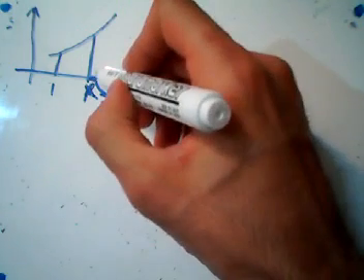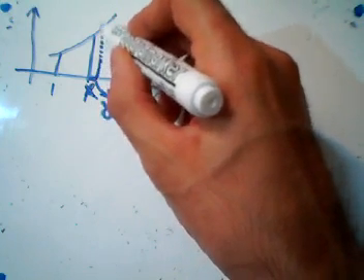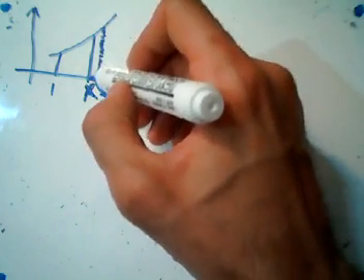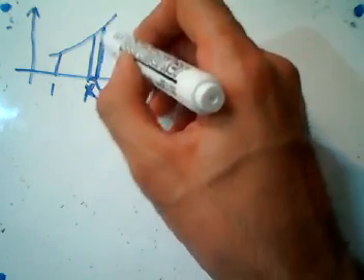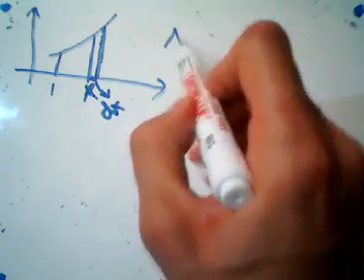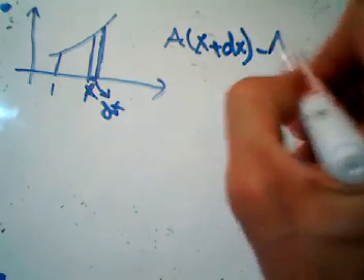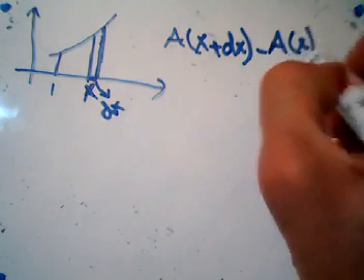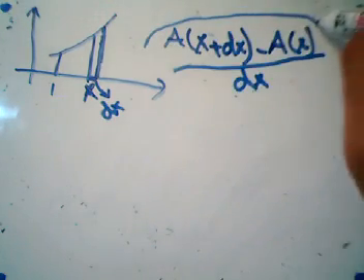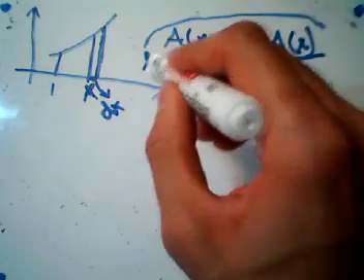That's it. It doesn't have any assigned value, but we call it infinitely small. Now A of x plus dx minus A of x over dx, this is the derivative of A of x, and there is no limit or anything.